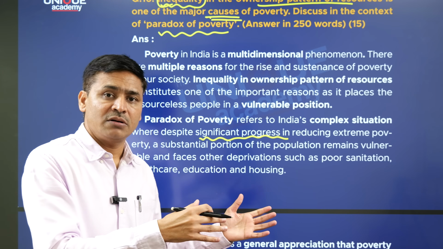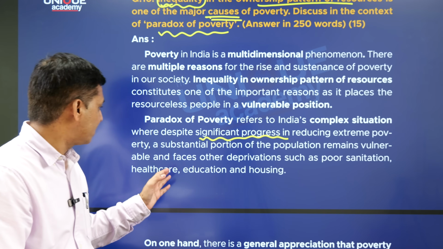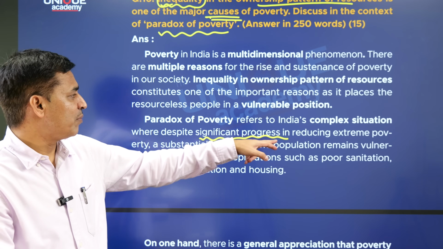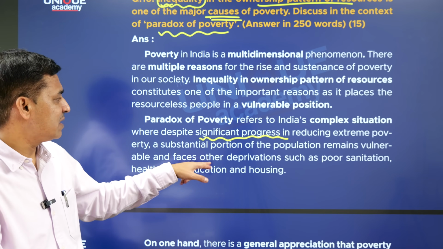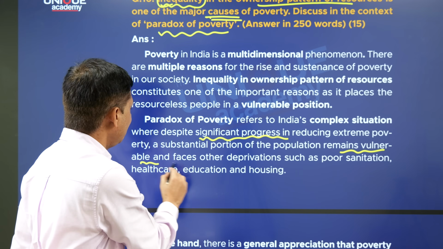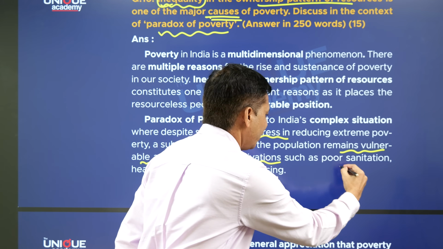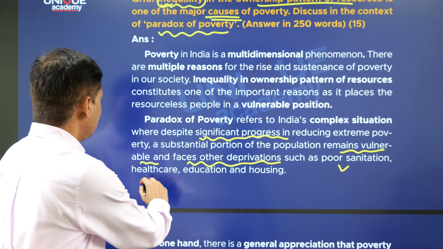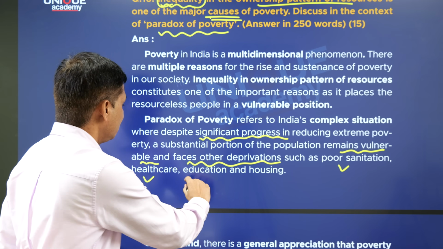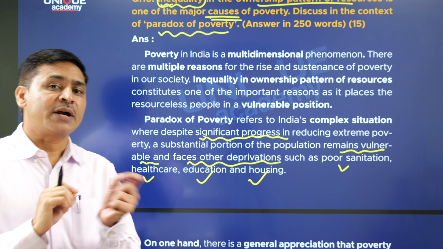that has happened. Extreme poverty has been reduced to a great extent, but a substantial portion of the population remains vulnerable and faces other deprivations such as poor sanitation, poor healthcare, poor education and poor housing. So this is a paradox.